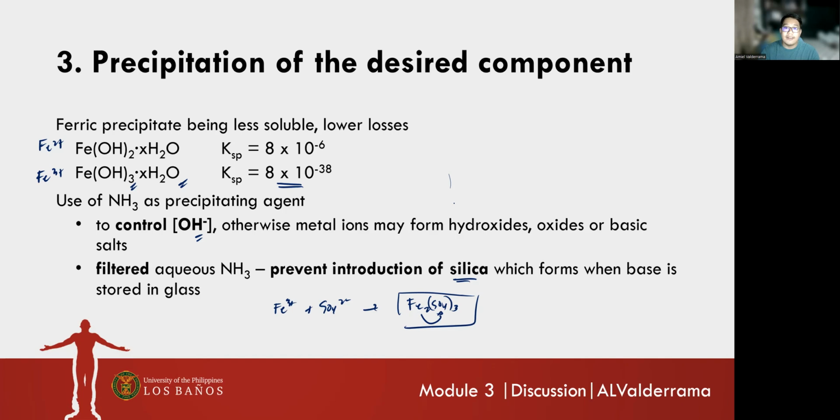And since this is a gravimetric determination of iron, if we cannot account for iron loss because of the introduced silica in our solution, there are many rooms of error. To minimize that error, we must first filter our ammonia solution to prevent this from happening. Okay? Because when this happens, there will be a loss of iron in the process.